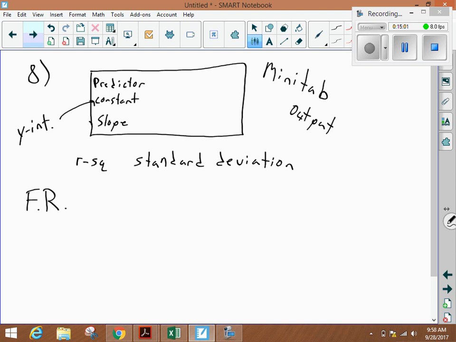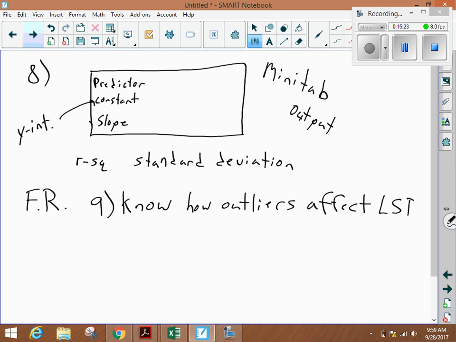Okay, a big one we haven't talked about too much is knowing how outliers affect the least squares regression. So an outlier will change the slope. It'll also change your y-intercept, but it changes slope.